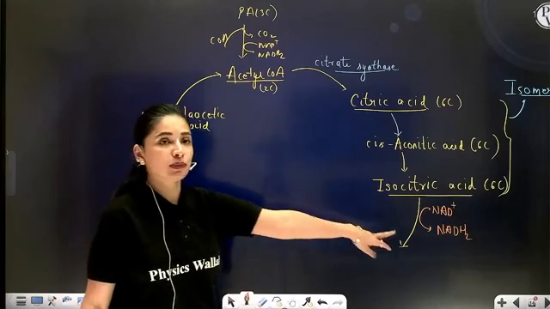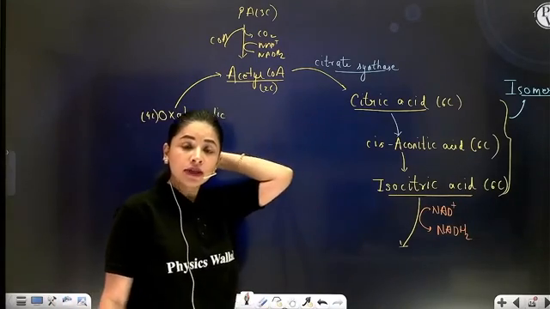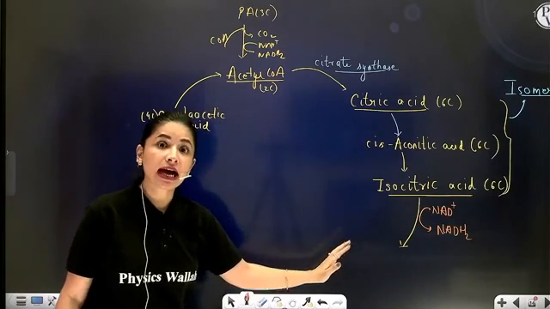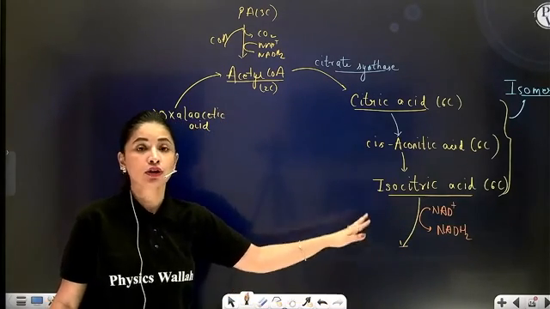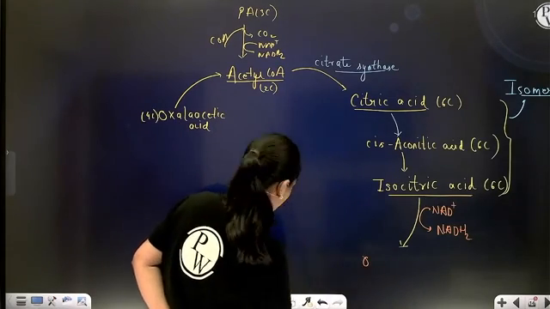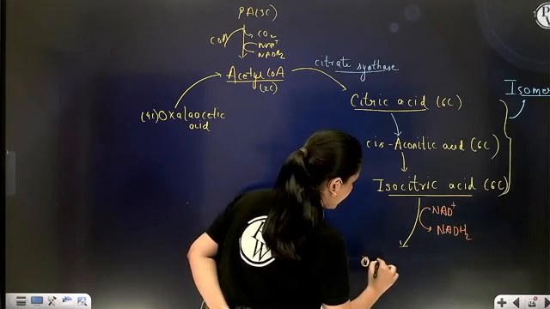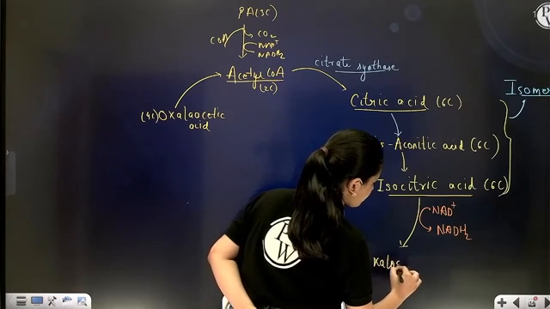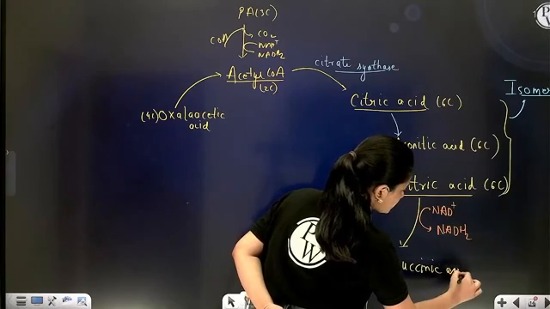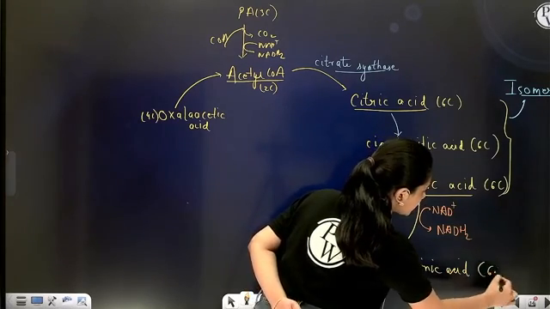So NAD plus will get reduced. In return, it will oxidize your isocitric acid to produce another 6-carbon compound, the oxidized form of isocitric, that is oxalosuccinic acid. Correct? This is also a 6-carbon compound.